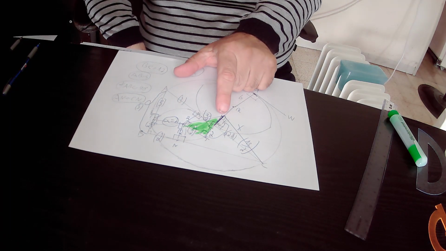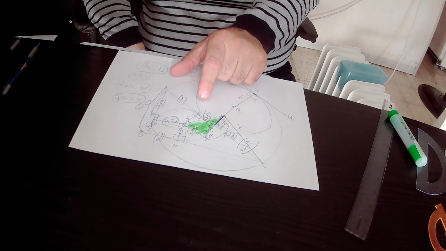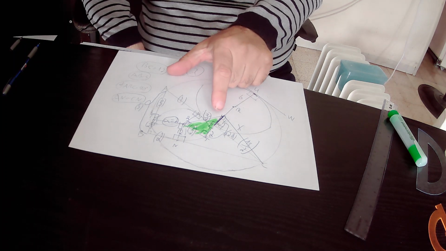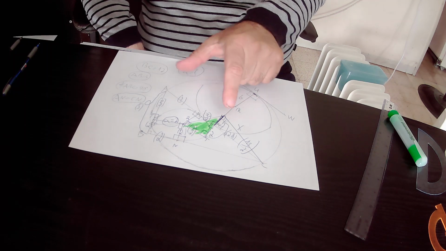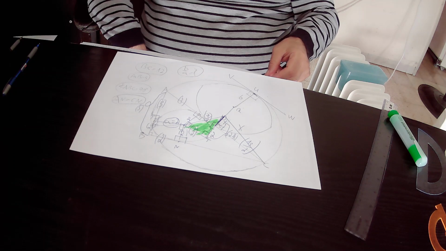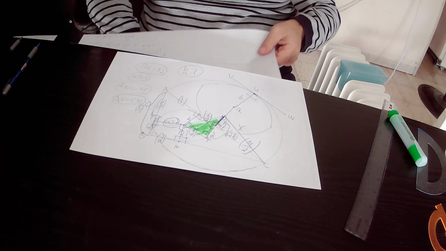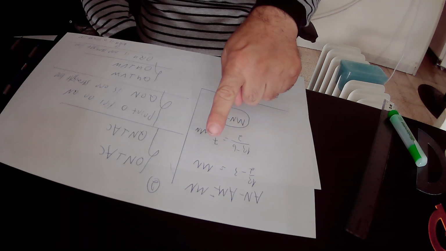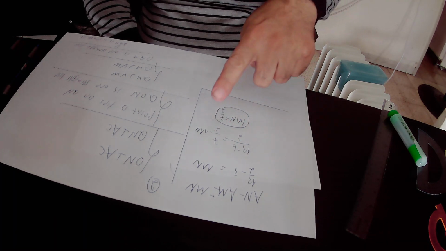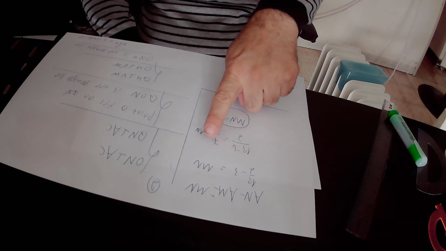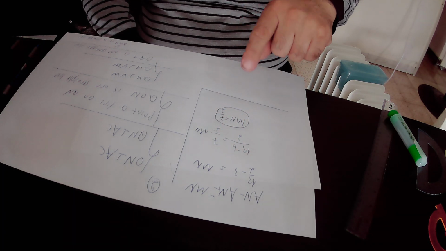AN equals 13 over 2. AM equals 3. So AN minus AM equals MN. AN is 13 over 2, AM is 3, so this equals MN.